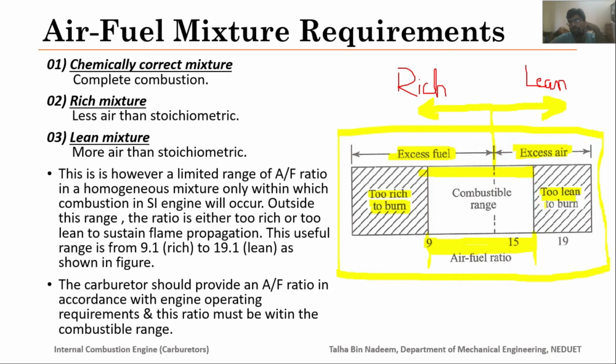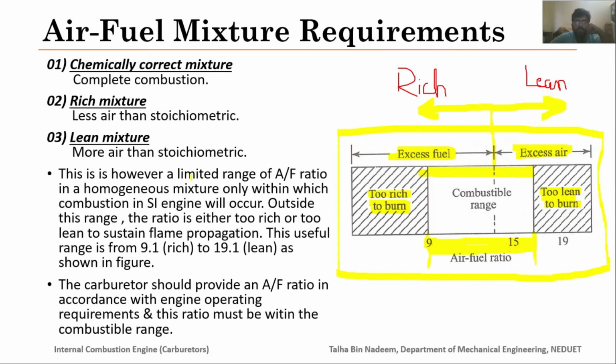Similarly, if your air fuel mixture is too rich, richer than this limit, meaning the air fuel ratio is something around 7, 8, then your car may not operate properly as well.